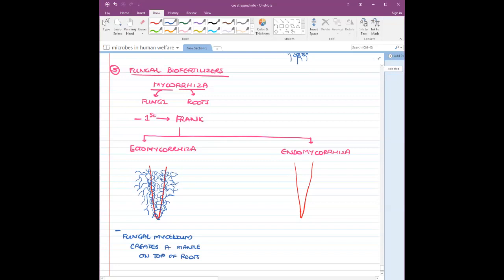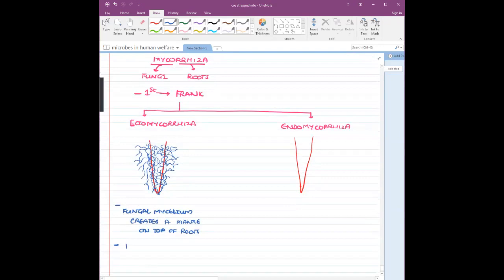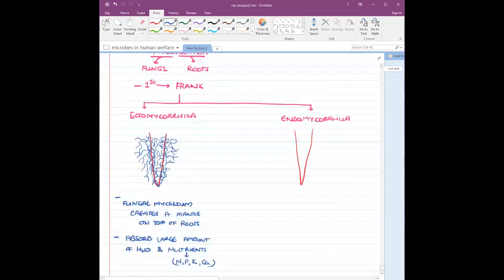And the second important thing is, because they do this, they are going to absorb large amounts of water and nutrients. And guys, if you're talking about nutrients, especially, we are talking about NPK, that is nitrogen, phosphorus, potassium, calcium, etc. Okay, so this is what is going to happen.